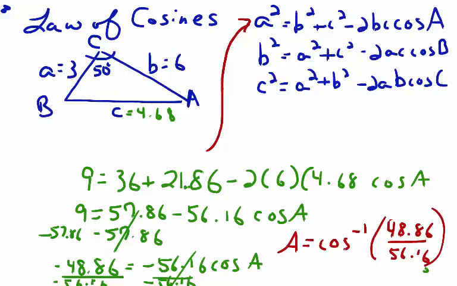We plug that into the calculator, and make sure that your graphing calculator is set to degree mode. This gives us an angle measure for A of approximately 29.54 degrees.